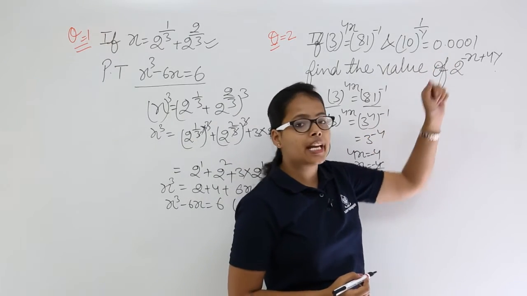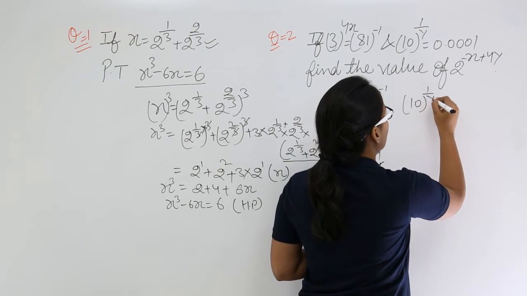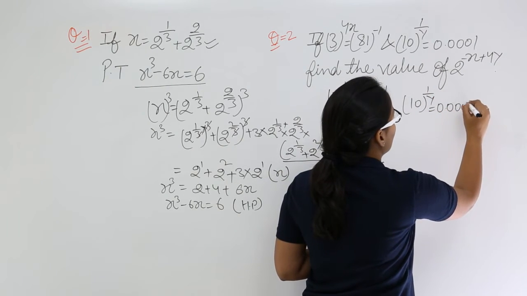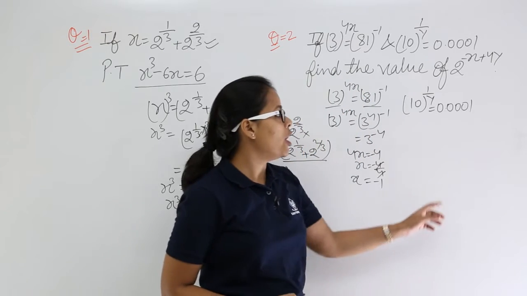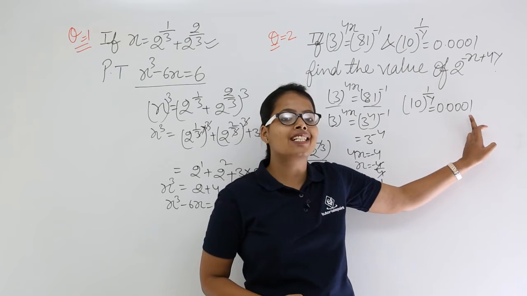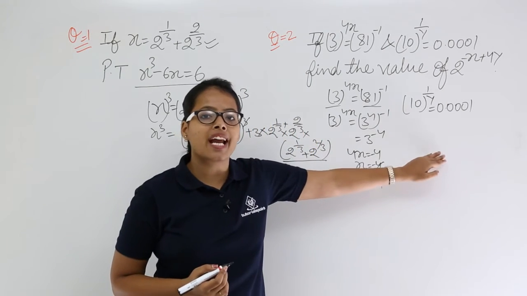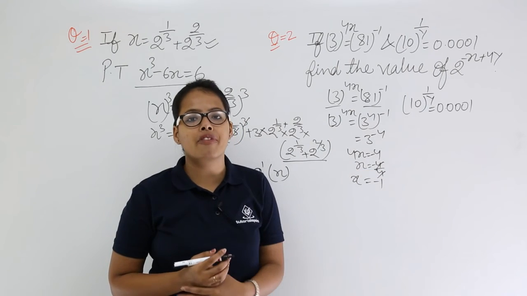Now let's take our second expression, which is this. Here there is a decimal point and there are 4 decimal digits after it. So you can write this decimal number in the form of a rational number.